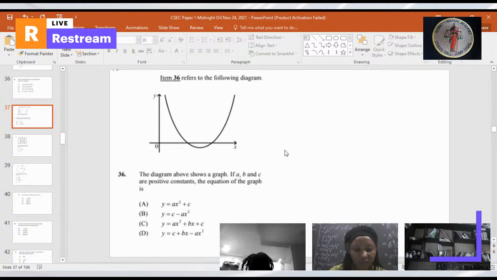So if c was 5, the parabola would be centered about the origin and shifted 5 places up. So it would be C, where we have our parabola oriented in that positive way, but it's shifted to the right, sorry. The middle factor would determine that shift.